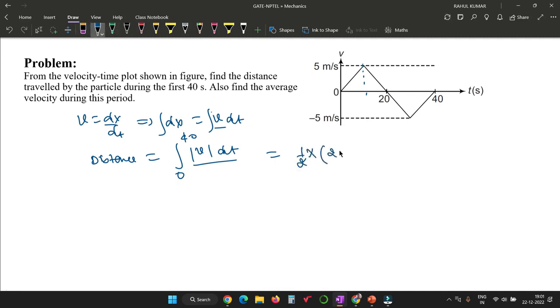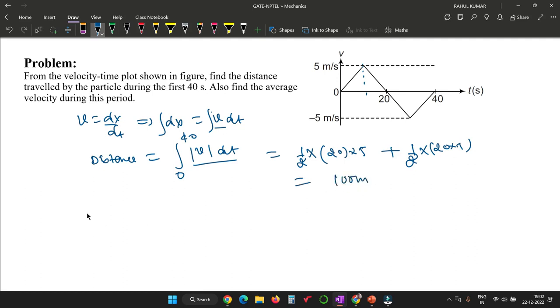What is the area of the triangle? 20 into 5. That area is between 0 to 20. Now you have to find the area between 20 to 40, and that area is actually negative, but you have to take positive. So that is also 20 into 5. So you will get the answer 100 meter.